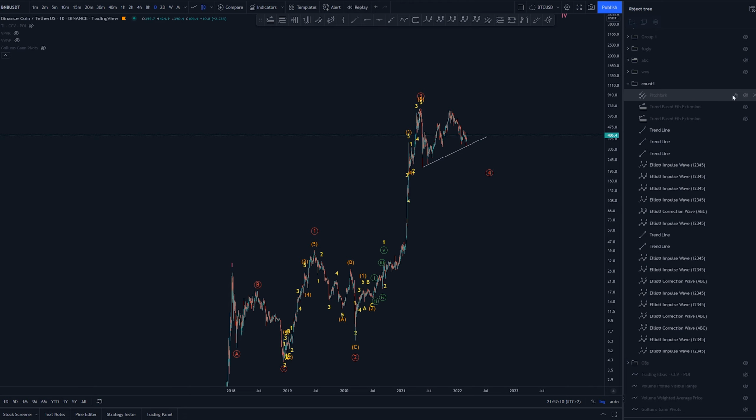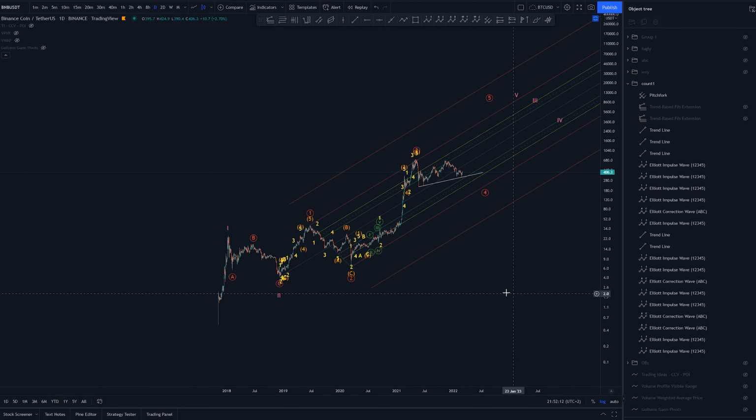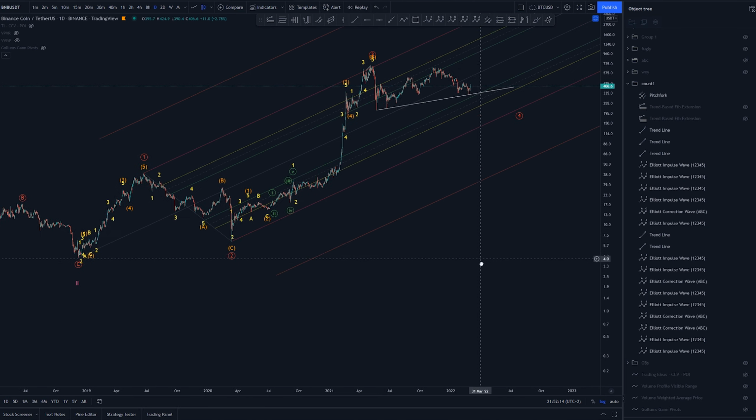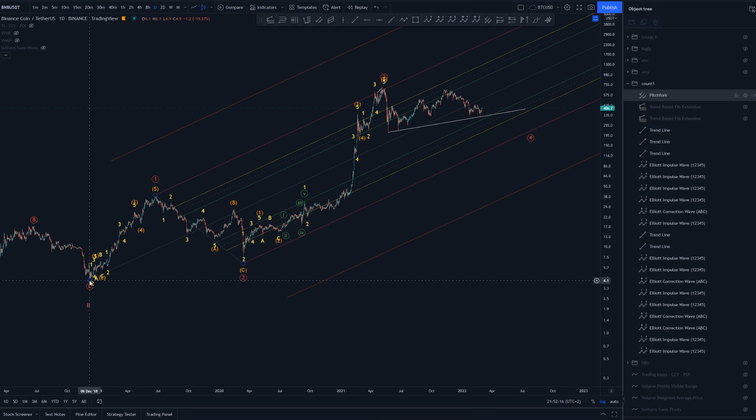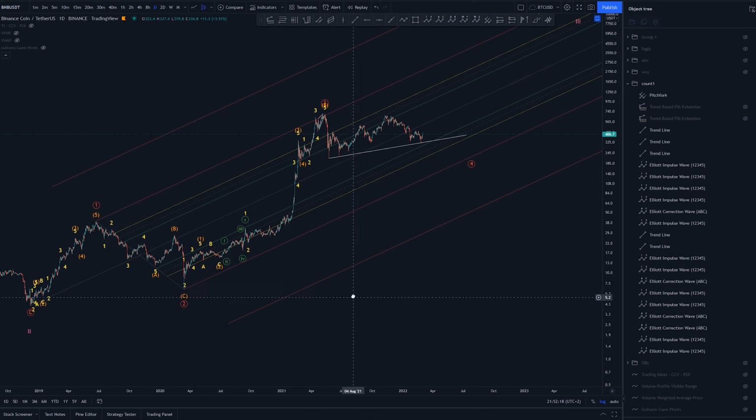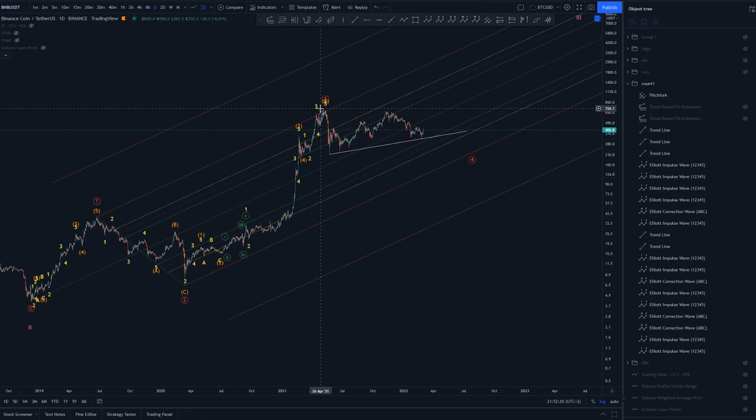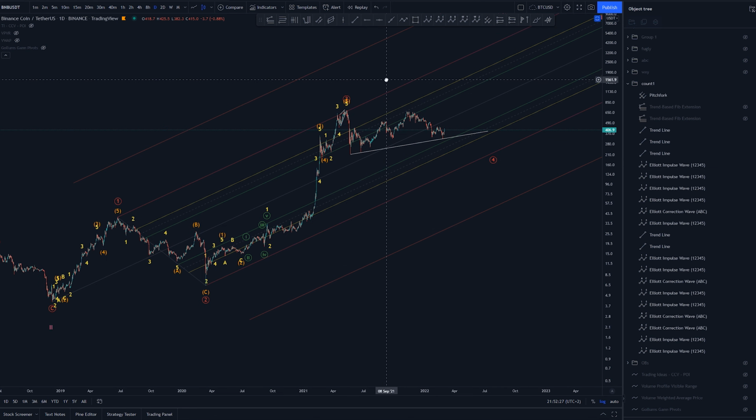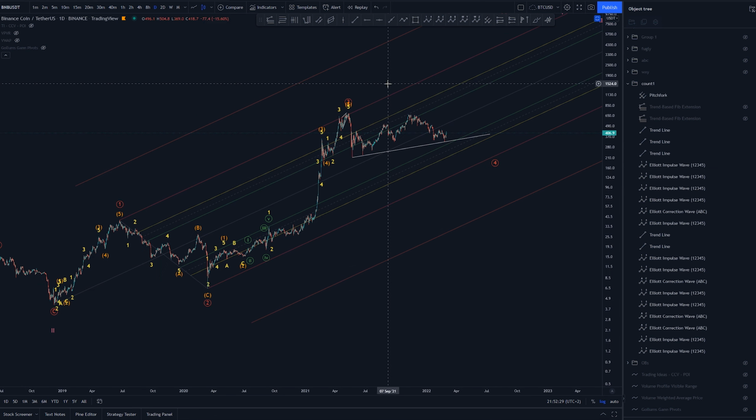Now we can check out the pitchfork. So how this pitchfork is laid out is drawn from 0, 1, 2, and it perfectly hit the third wave 3 end. Yeah, it is pretty good.